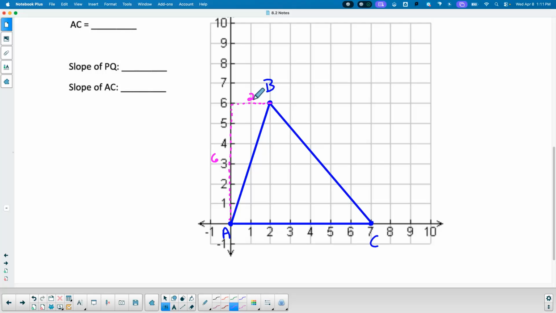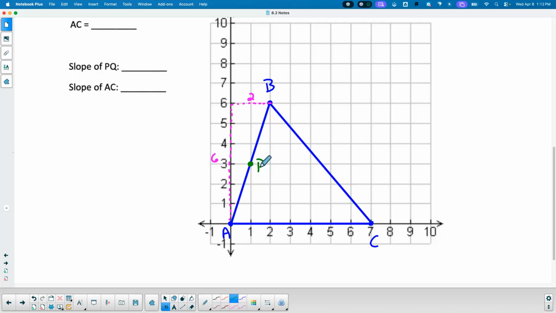So if I want to find the midpoint of that, how much would I rise and how much would I run? Rise 3 and run 1, right? So I would go up 3 and run 1, and that would put me right there. I think they called that one point P.